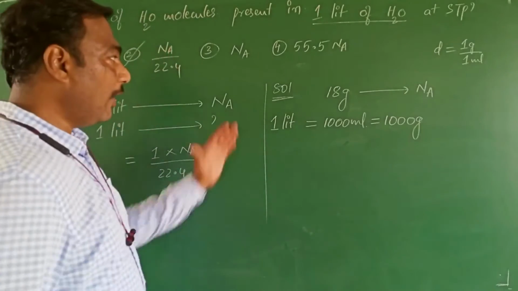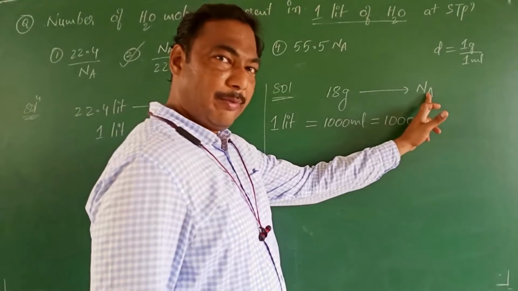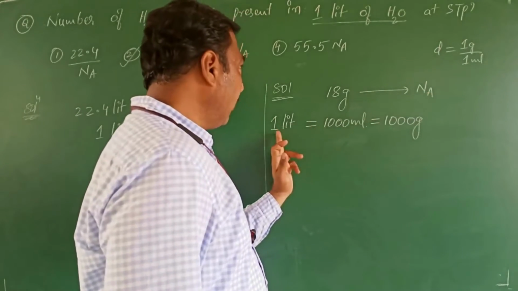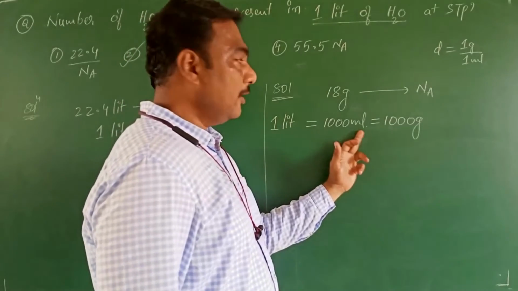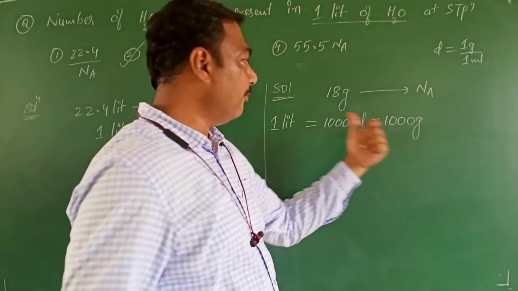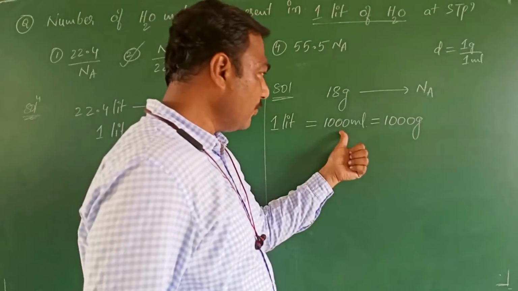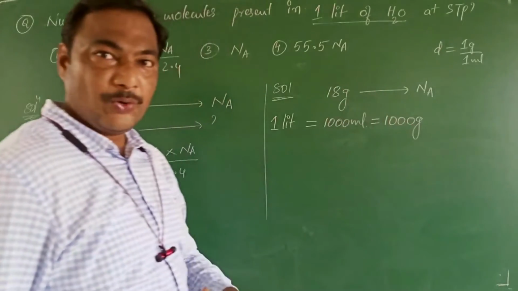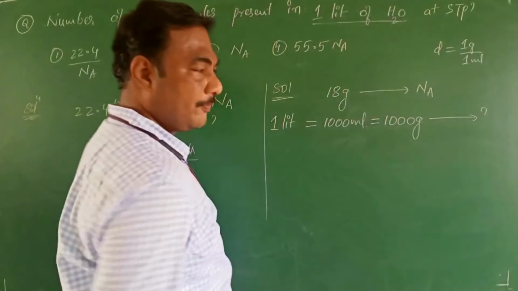Now our present discussion is: 18 grams has Avogadro number of molecules. 1 liter, according to the question, is nothing but 1000 ml, which is nothing but how much? 1000 grams, because for water 1 ml is taken equal to 1 gram. Therefore, 1000 ml is nothing but 1000 grams. 1000 grams equals how much?